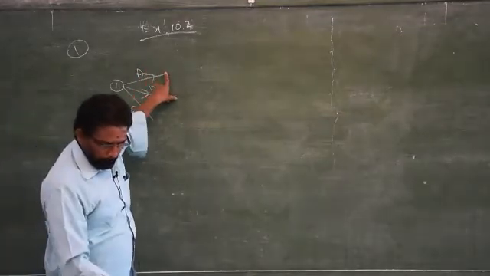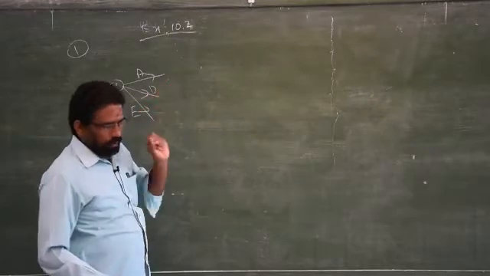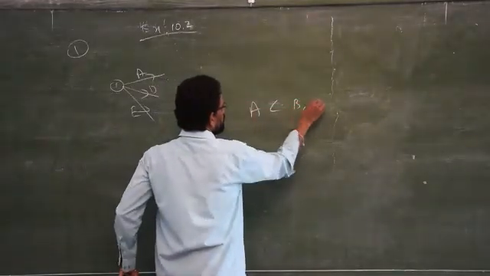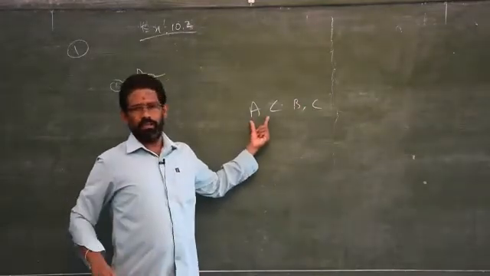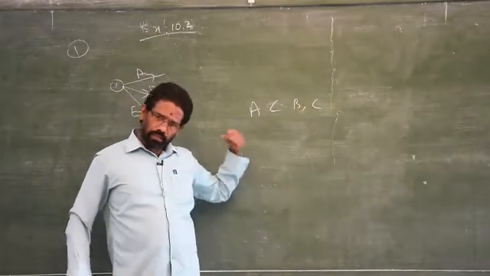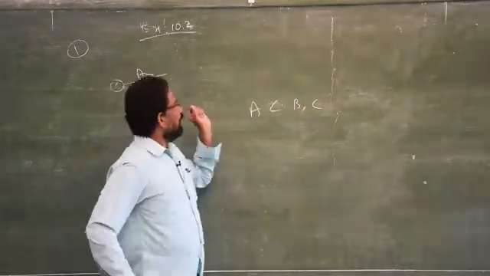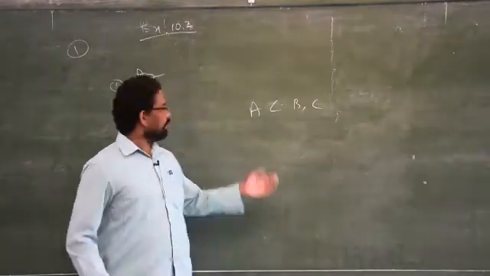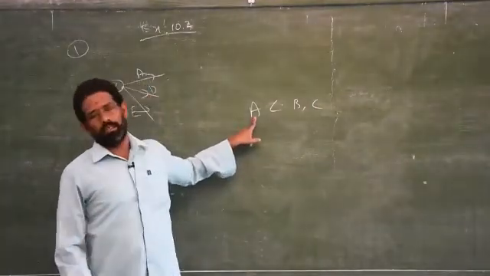See that, B and C. A is given like this: A is less than BC, which means A is smaller and these two are greater events. According to PERT, B and C activities start only after completing activity A. That is the meaning.